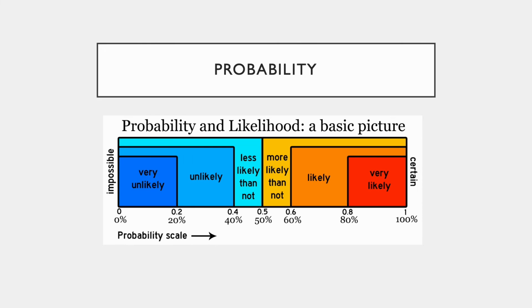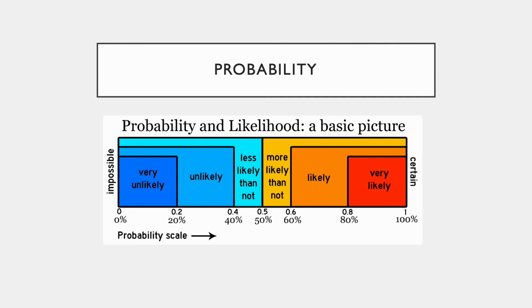Probability is the ratio of the number of outcomes in an exhaustive set of equally likely outcomes that produces a given event to the total number of possible outcomes. Probability is represented as a number between 0 and 1, as you can see in the graphic.